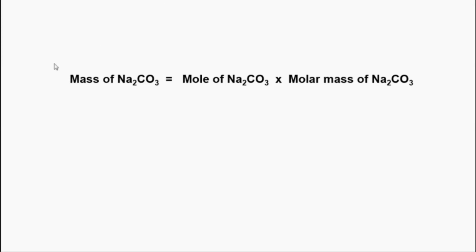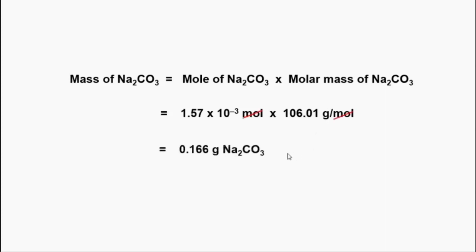We use this formula: mass of sodium carbonate equals moles of sodium carbonate times molar mass of sodium carbonate. So 1.57 times 10 to the power negative 3 mole times 106.01 grams per mole, which is the molar mass of sodium carbonate, and we get 0.166 grams of sodium carbonate.